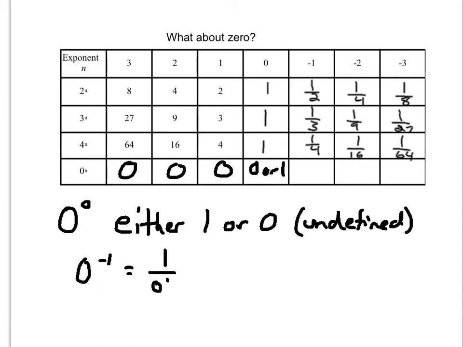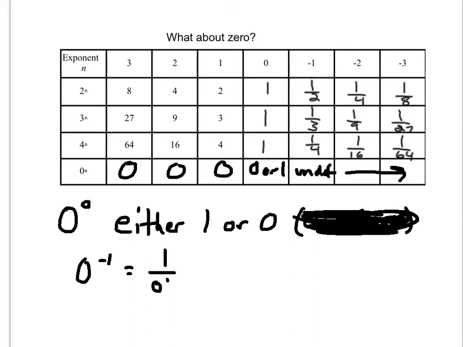Well, the problem is 0 to the 1 is 0, and we know we can't divide by 0. Okay? So these are undefined. We cannot have 0 raised to a negative exponent. Okay, that is not possible.